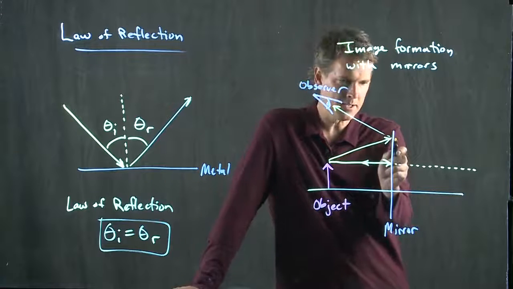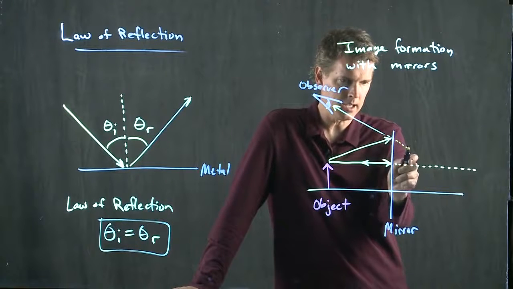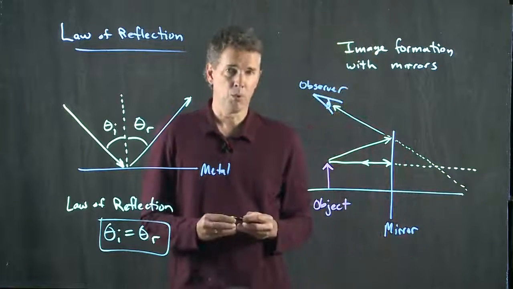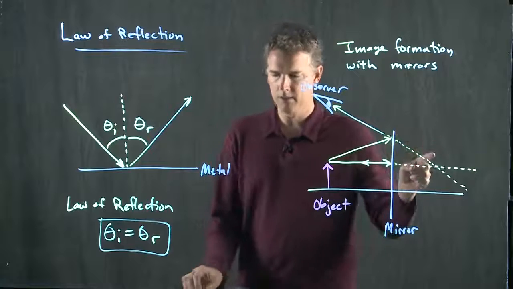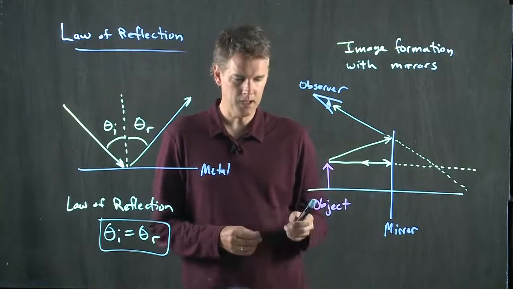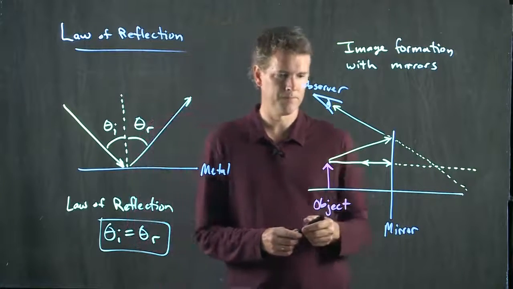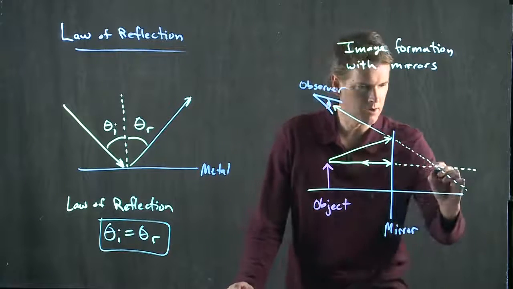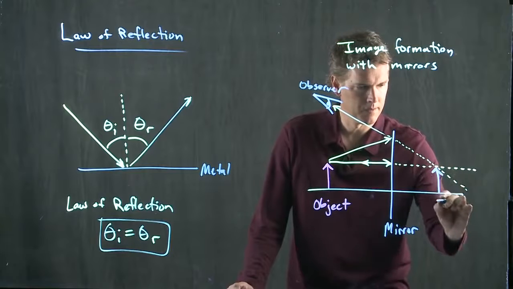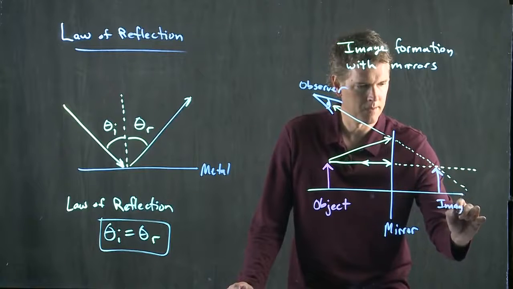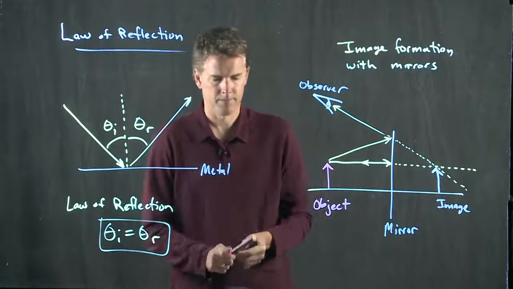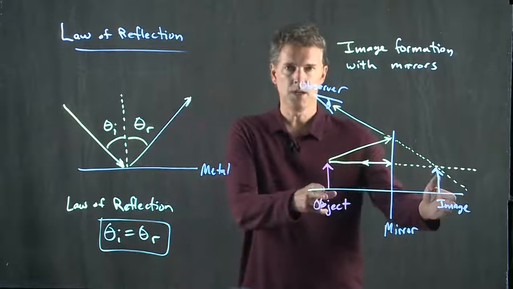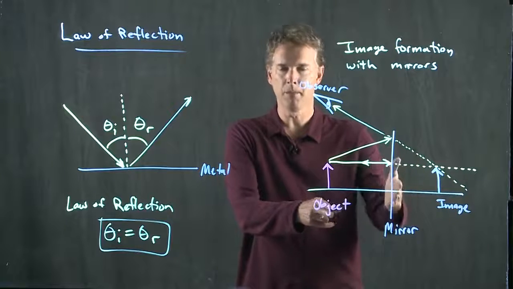And now if I take a dashed line and continue, the point where those two dashed lines intersect each other is where the image is located. So that object has an image that is right here. Okay, and so everybody got it right. The image is equidistant from the mirror on the other side.